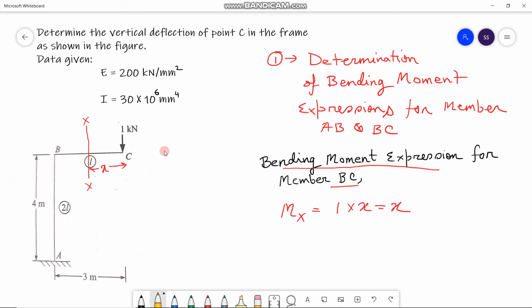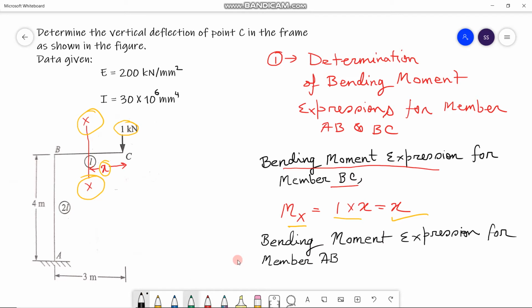As the distance between the force 1 kilonewton and the section XX is small x, we get the bending moment Mx equals 1 into x, that is x, with respect to section XX.